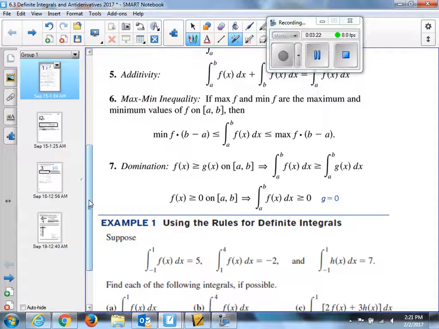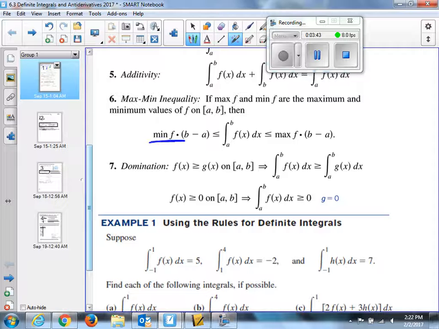Max-min inequalities. If the maximum and minimum of the function are the maximum and minimum values of f on the interval a to b, then let's take a look here.